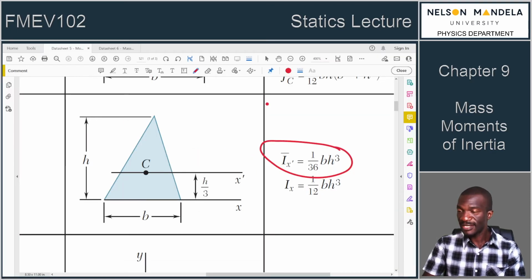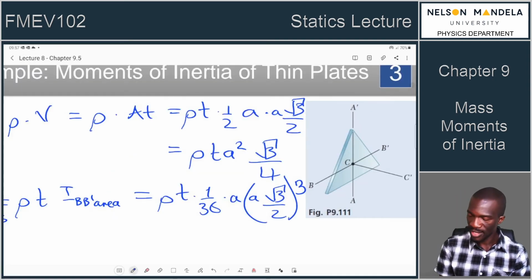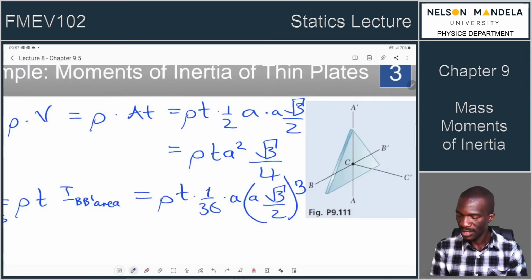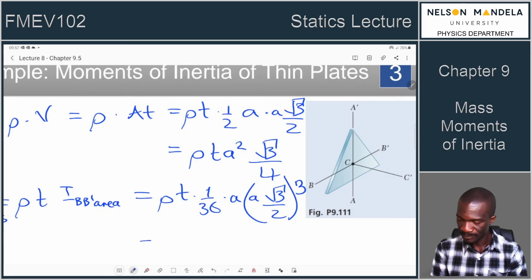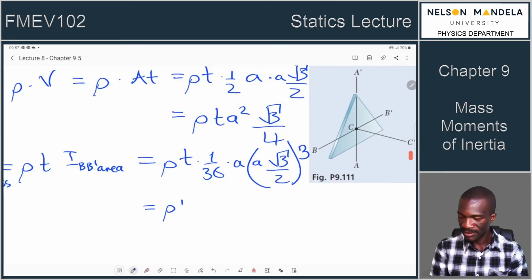Yes, a 36th of BH cubed. So a 36th of B, which is A, H, which is that cubed. So we're happy. It's a matter of you now doing your math. 1 over 36 multiplied by A to the 3.